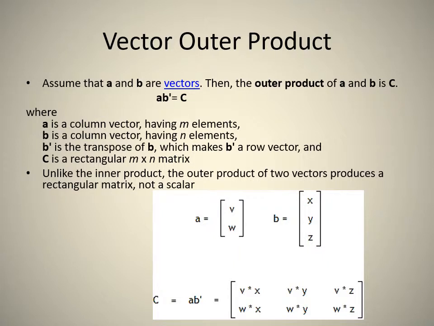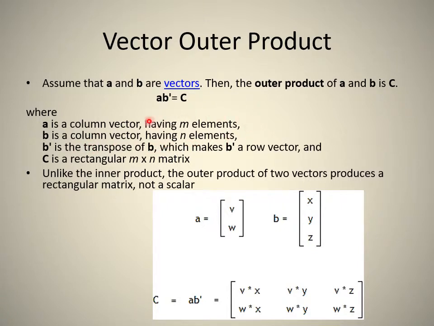Similarly, we also get a vector outer product. So let's assume again that A and B are vectors. Then the outer product of A and B is a new matrix C. So the outer vector product of A and B will be A times B transpose, and that will give you C. So let's assume that A is a column vector with m elements and B is a column vector of n elements.